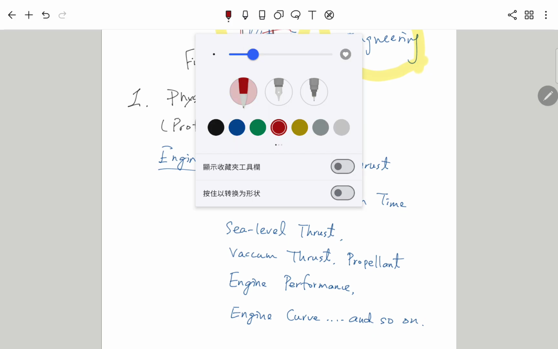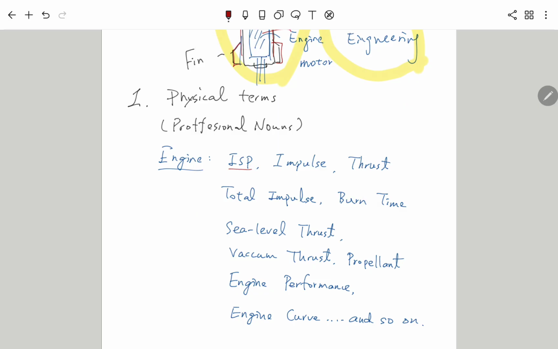Of course, you might have heard about all these special terms in technical reports or references, but do you really know the meaning of these: the ISP, impulse, total impulse, burn time, thrust, sea level thrust, vacuum thrust, propellant, engine performance, engine curve, and so on? Do you realize each term's specific physical meaning?